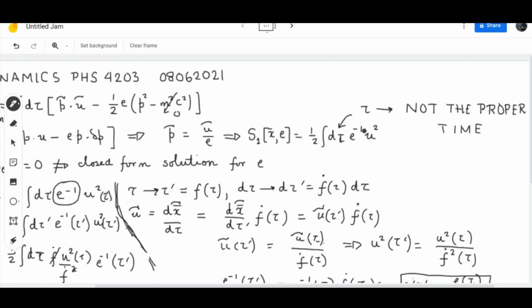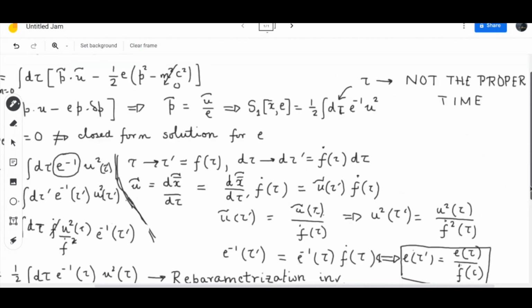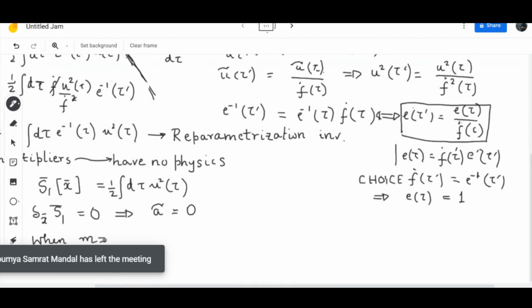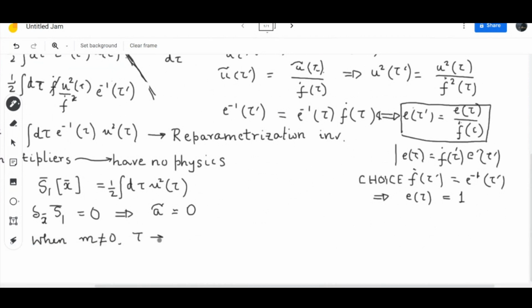Why? Because just remember what tau was in the massive case. In the massive case, when m is not equal to 0, tau corresponds to time measured in the rest frame, right?